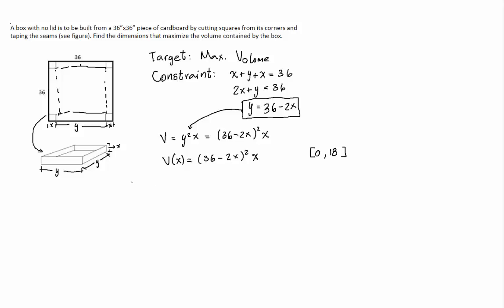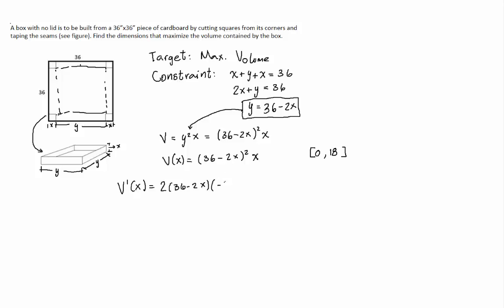So let's do that. To find the derivative, I have a product, so I have to do the product rule. I take the derivative of the first, which is you lower the exponent, copy the inside, then raise it to the power of 2 minus 1, just the power rule. But then you don't have x inside, you have 36 minus 2x, so the chain rule tells you to multiply times the derivative of the inside.